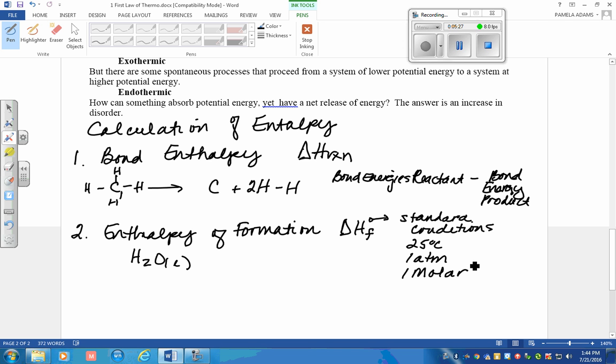1 molar. I believe off the top of my head that the energy of formation for liquid water is 286 kilojoules per 1 mole of water. If I'm wrong, so sorry. That means 286 kilojoules of energy are released when water is formed from its elements.